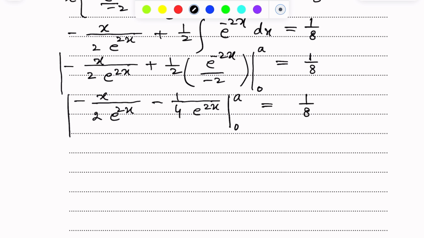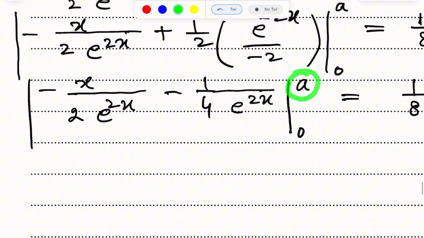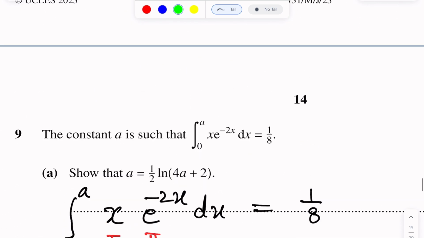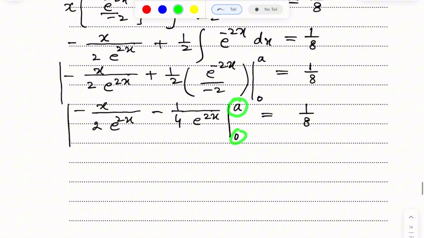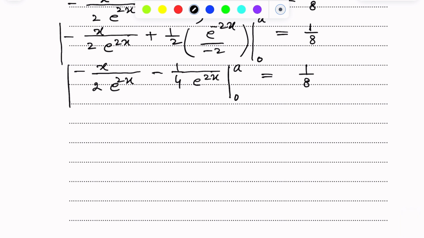Now we are putting the values. We will apply the limits. Upper limit is a, lower limit is 0. Applying the upper limit, in place of x we will put a first. Then we will put 0, the lower limit. Before applying the limit, we can take the negative sign common because it lies in both terms.